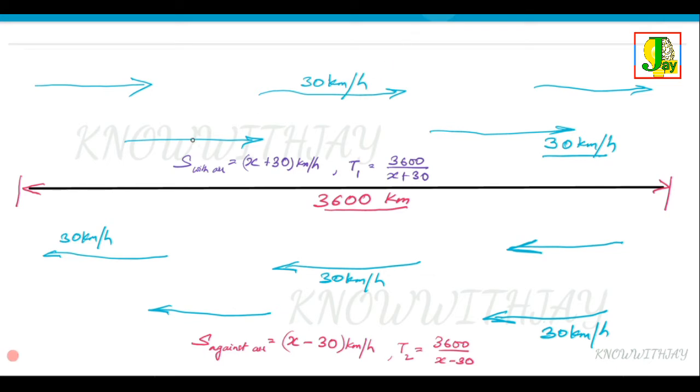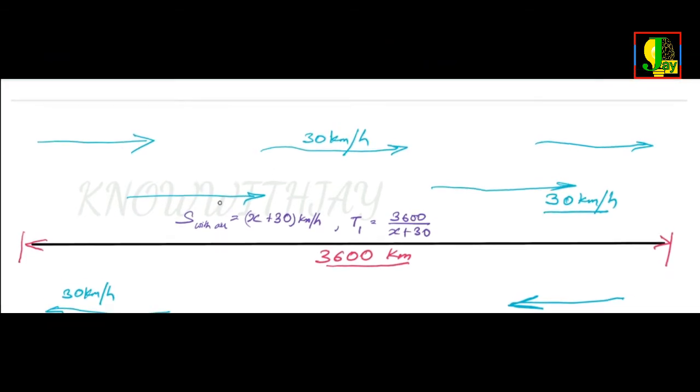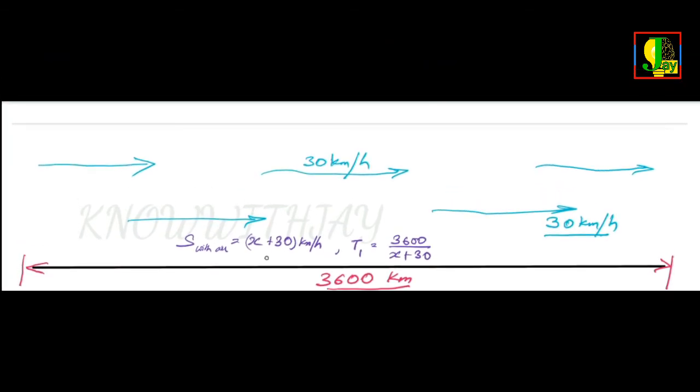Now, what happens when an aeroplane flies along with the wind? The total effective speed of the aeroplane is increased by 30 km per hour, because this is the speed of the plane and this is the speed of the wind. So it is flying along with the wind, the effective speed increases, and it is x plus 30 km per hour.